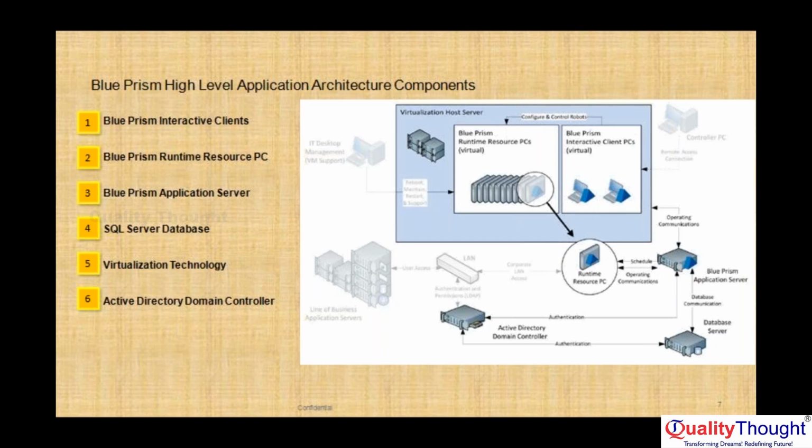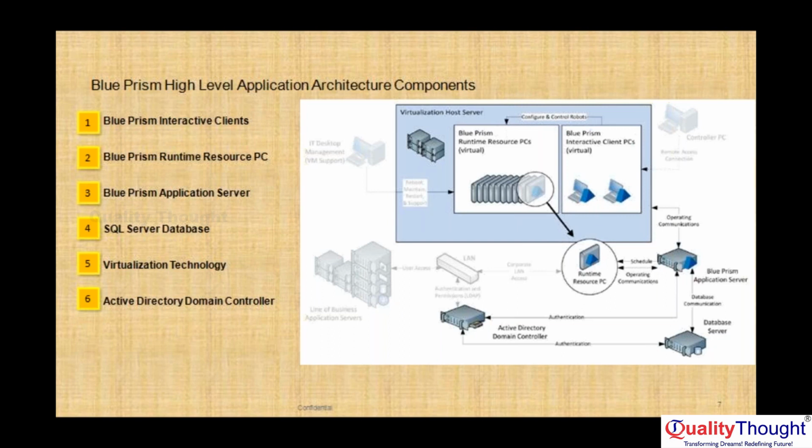So logically, according to RPA standards, one control room can control 100 bots. That is the RPA standard. For example, you have 200 bots, and each bot is doing very simple process automation. Even 200 bots can be connected to one control room. That is the standard.